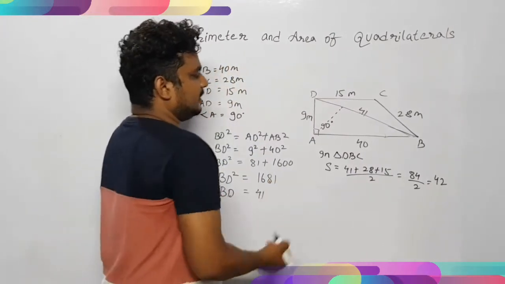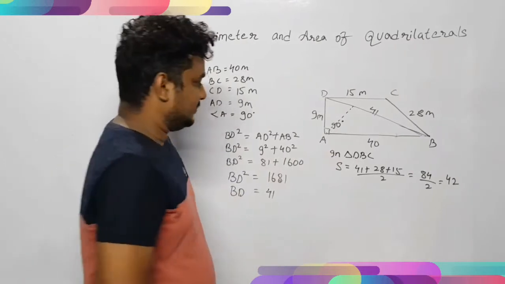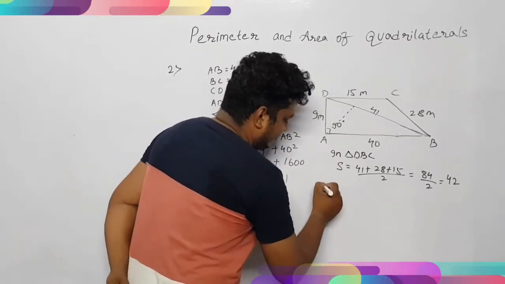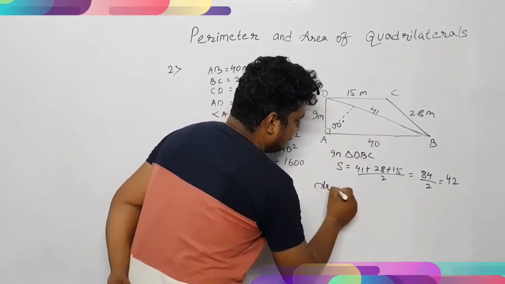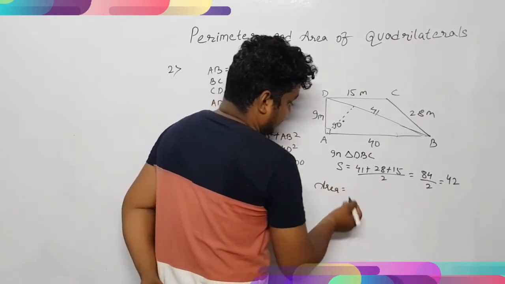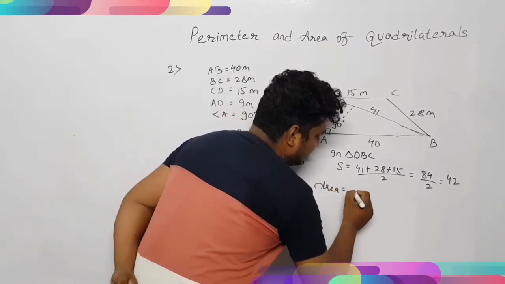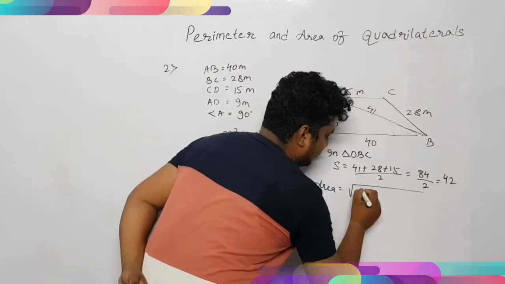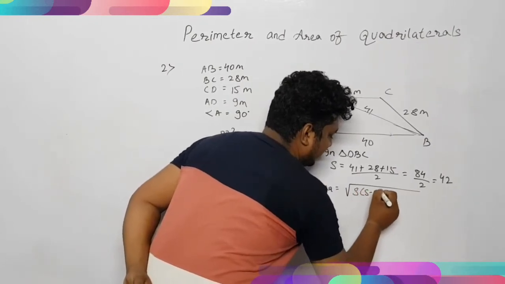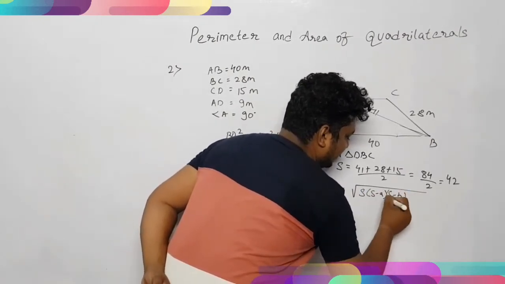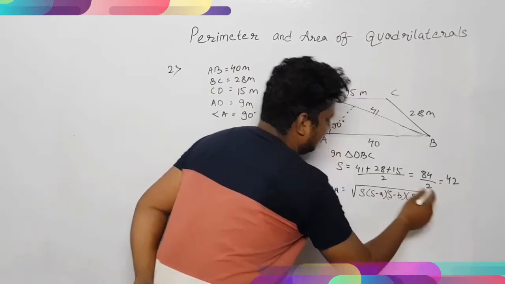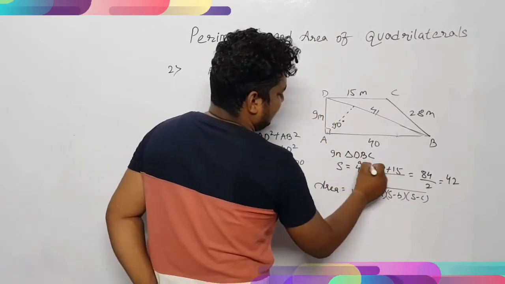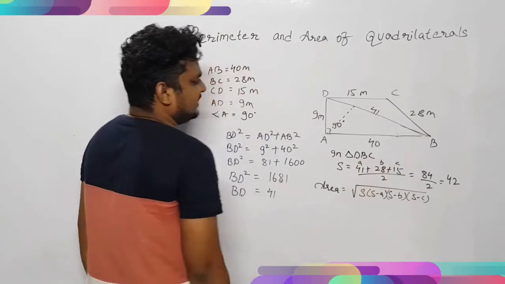After we have got the value of S, we can find the area. The formula for the area is root over S into S minus A, S minus B, S minus C. You can consider these sides as A, B and C; these are just the namings.